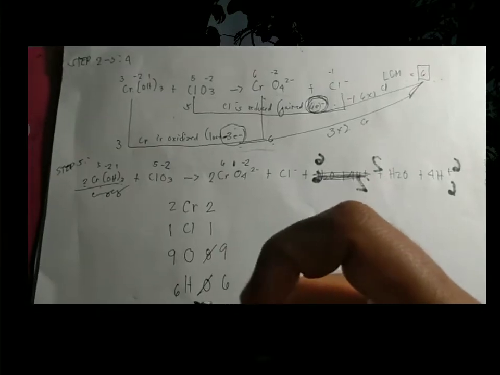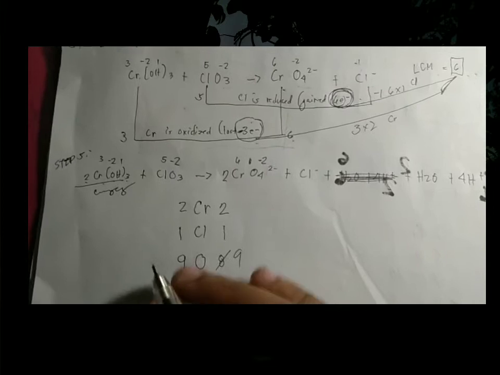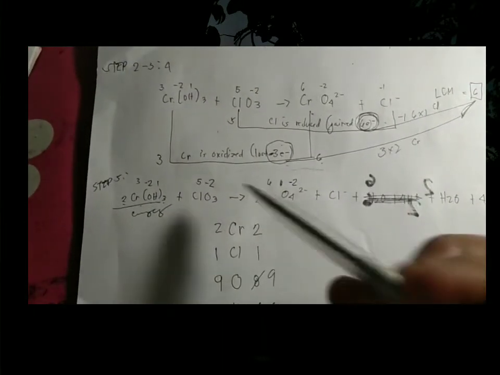So in step 5, we are going to balance all elements except H and O, or the hydrogen or the oxygen. So tandaan natin na hindi muna tayo nag-balance ng oxygen at ang hydrogen. So we have chromium 2.